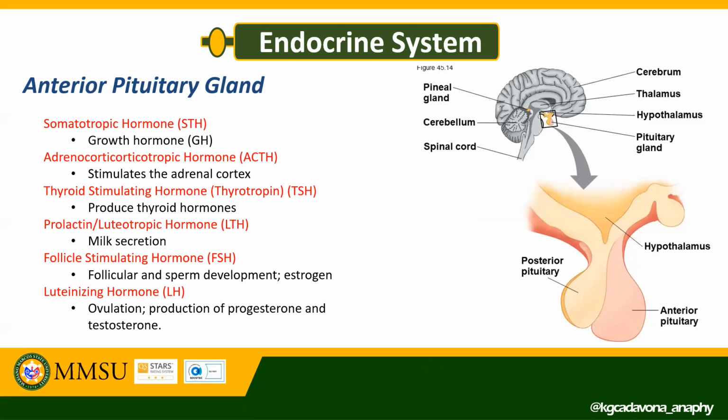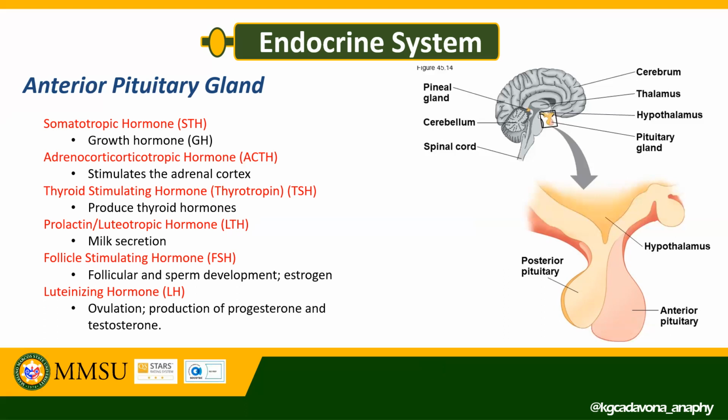Then next we have the TSH, or the thyroid stimulating hormone, which is also called as the thyrotropin, which these are, pag sinabi natin na ganito, these are endocrine cells of the thyroid that produce and release thyroxine and triiodothyronine when stimulated by TSH, of which I will discuss these hormones later on sa thyroid gland.